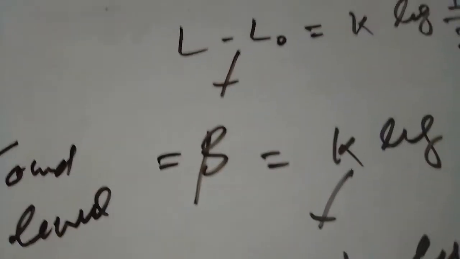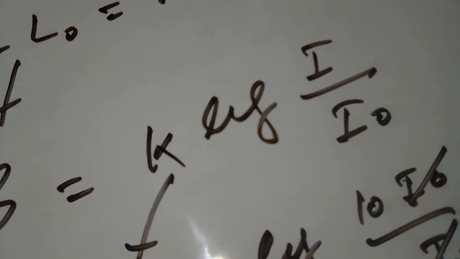Bel is a unit of intensity level which is very large. Generally a smaller unit called decibel is used, which is denoted by dB. 1 decibel is equal to 10 power minus 1 bel.